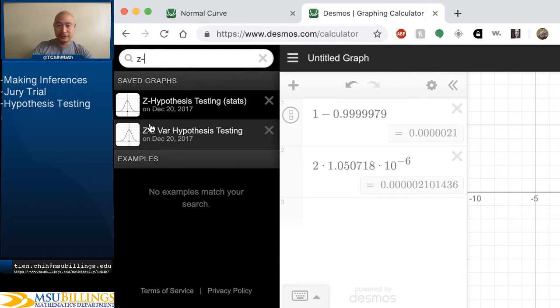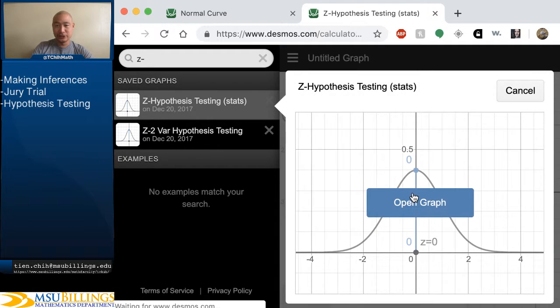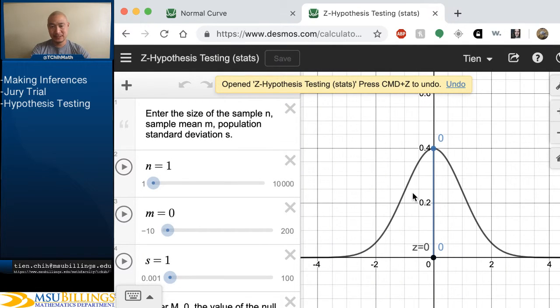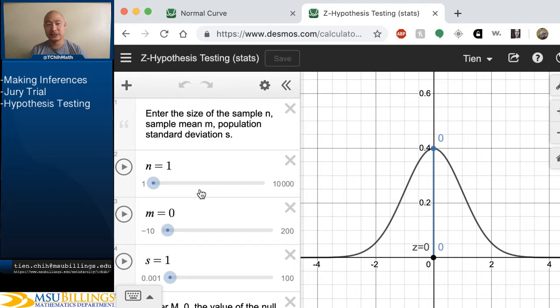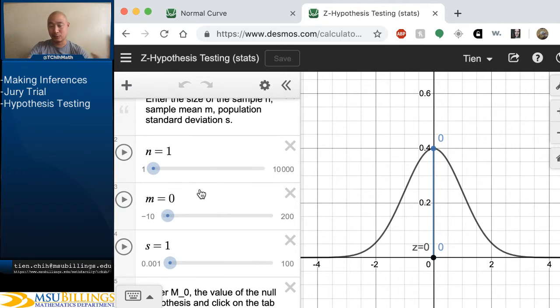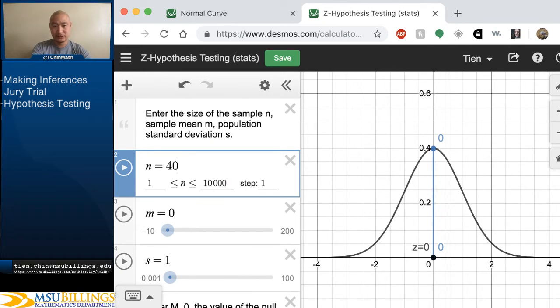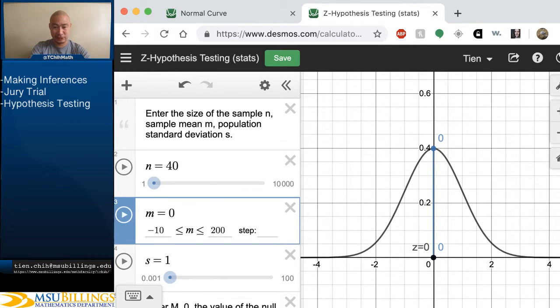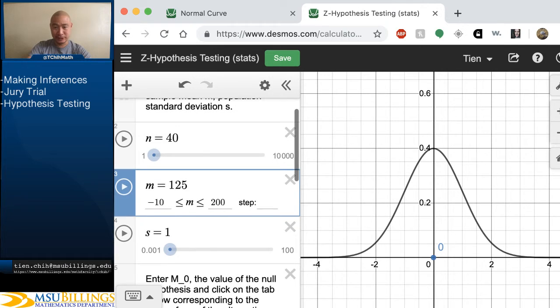In the other video, we already introduced this calculator, which is the Z hypothesis testing calculator, and we use this to find confidence intervals. Now we should note that we can also use this to do hypothesis testing. So let's say I have 40 data points, a mean of 125. That's what we measured.